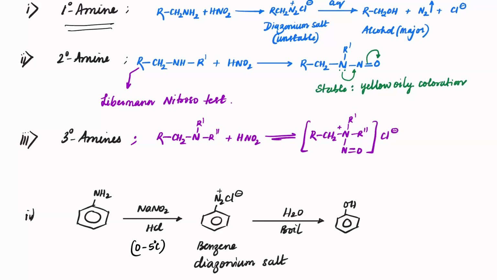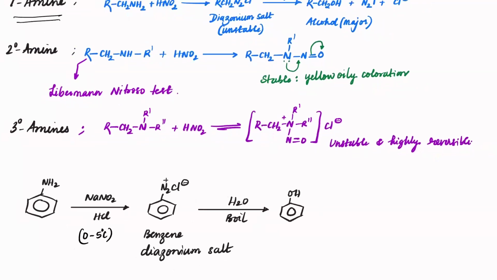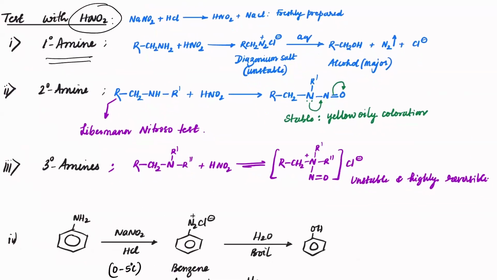So this will be highly in the backward direction. Unstable form, unstable and highly reversible. Therefore, we will say that 3 degree does not make much of a reaction here. All okay?